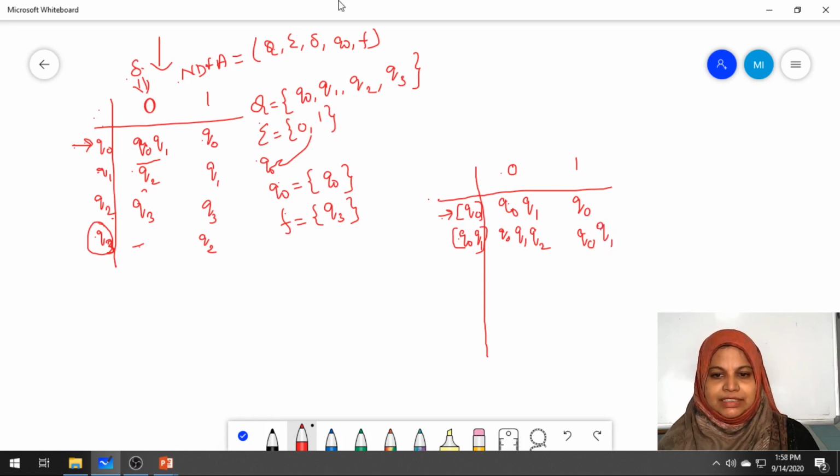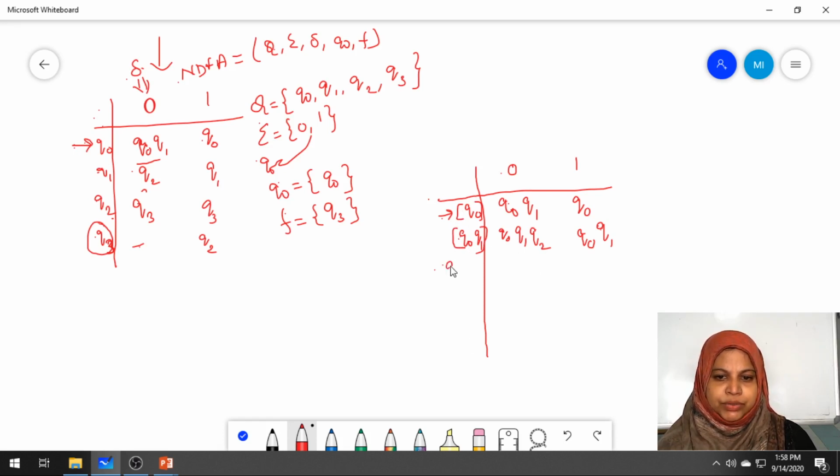See here, we applied input 0 and input 1 on the Q0, Q1 state. What are we getting? Q0, Q1, Q2. Is there any Q0, Q1, Q2 already? No, so this is the new state, and we have to write the transition for Q0, Q1, Q2.